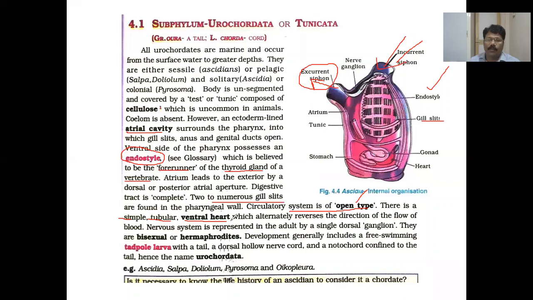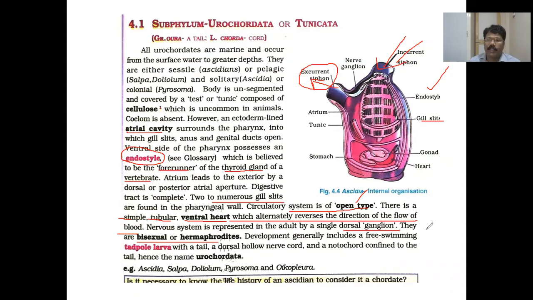So the heart alternatively reverses the direction of the flow of the blood. And the nervous system is composed of a single dorsal ganglion, and these are bisexual or hermaphrodites.